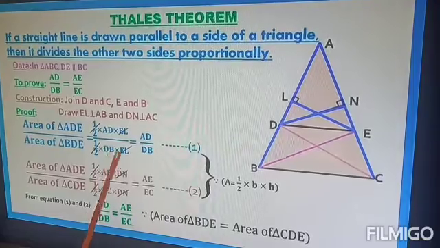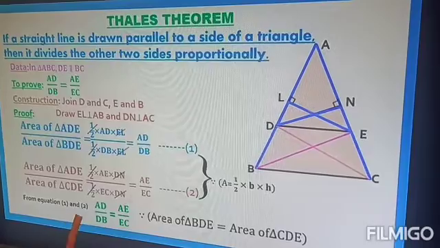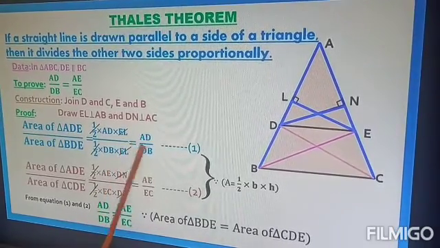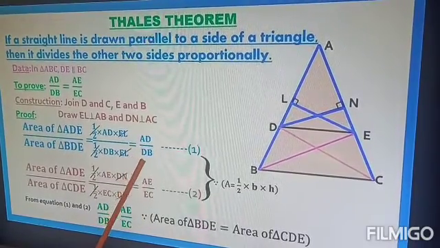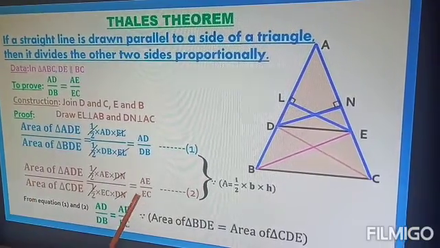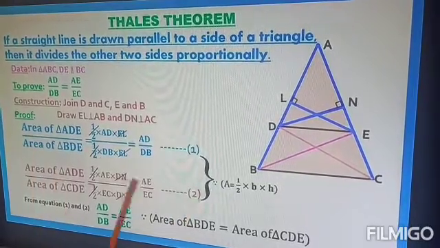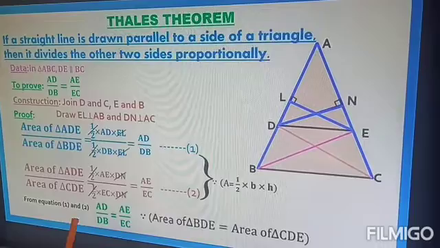Now, according to these two equations, AD by BD is from the first equation and AE by CE is from the second equation, according to the area of a triangle.